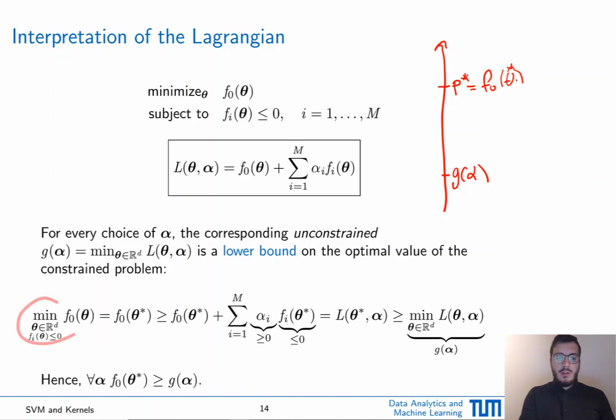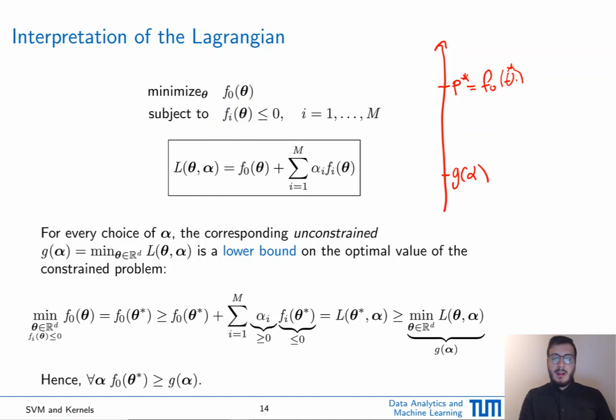We start with the original optimization problem over here. So again, we're looking for a theta such that f of 0 of theta is minimized and all of the fi's are smaller than 0. If we plug in now the optimal value theta star, first it has to hold that this is a feasible point, as we discussed earlier. It has to hold that all of these constraints are satisfied.